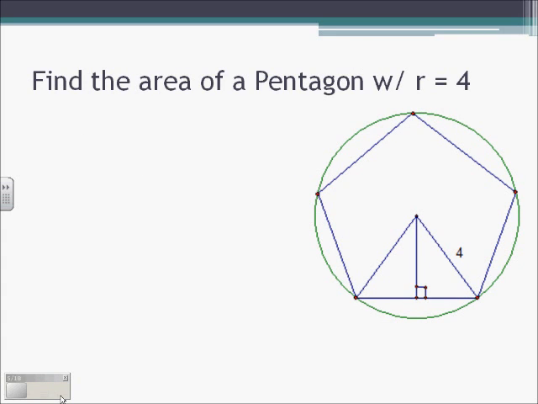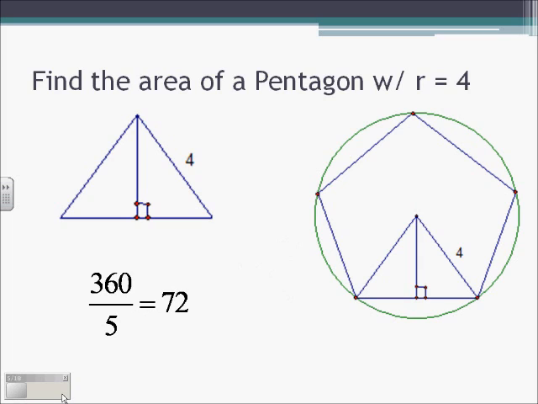Alright, if we are asked to find the area of a pentagon with a radius of 4, we know a pentagon is a 5-sided figure, and it's broken down into 5 triangles then, all with 2 equal sides of 4.